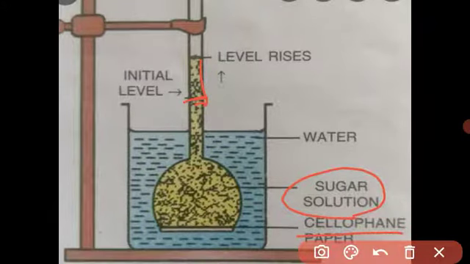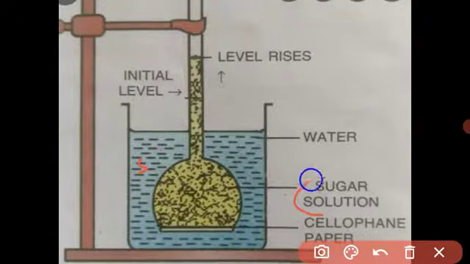See, the beaker contains water, and the thistle funnel contains sugar solution. Sugar solution means the water concentration is lower compared to the sugar. There is a high concentration of sugar and a low concentration of water. So what happened?